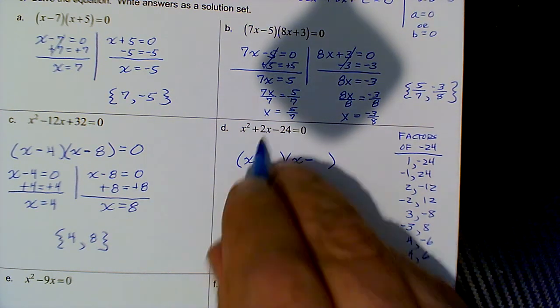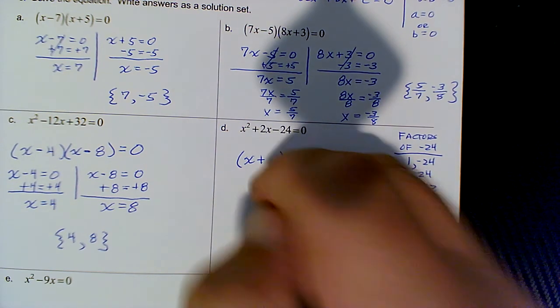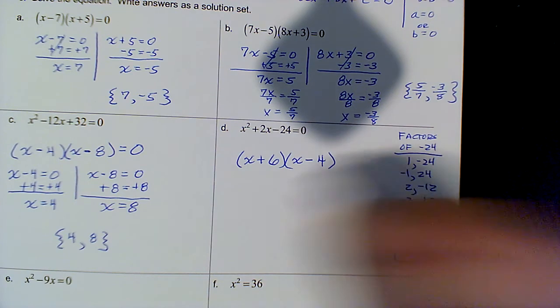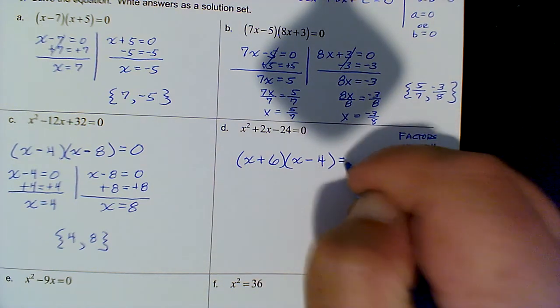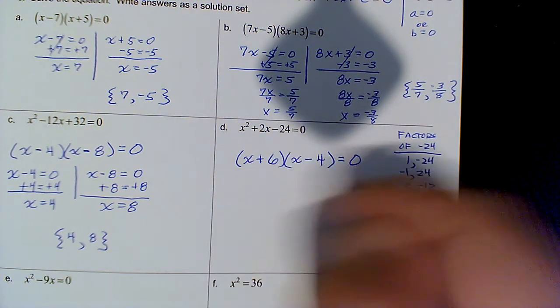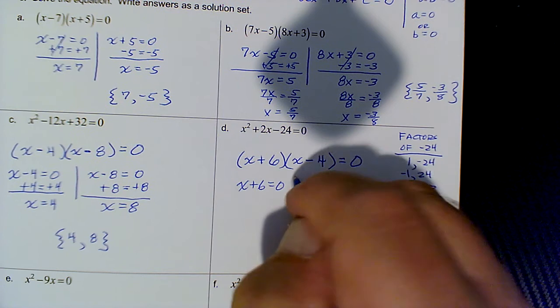The pair that combines to a positive 2 is negative 4 and 6. So it's a positive 6 and a negative 4. I had already put the signs in there, so I had to make sure it's set up correctly. I should have written equals 0, because now I set each factor to 0 by the zero factor property.